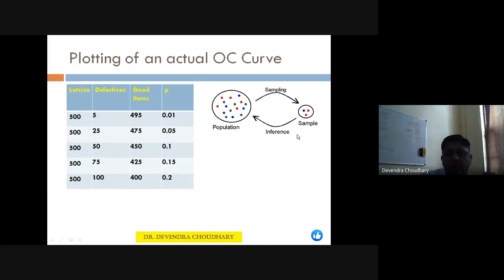Now, because we found that n equal to 30 and c, acceptance number, equal to 3 satisfies both the producer and consumer, for that particular theoretical OC curve, we want to find out an actual OC curve.